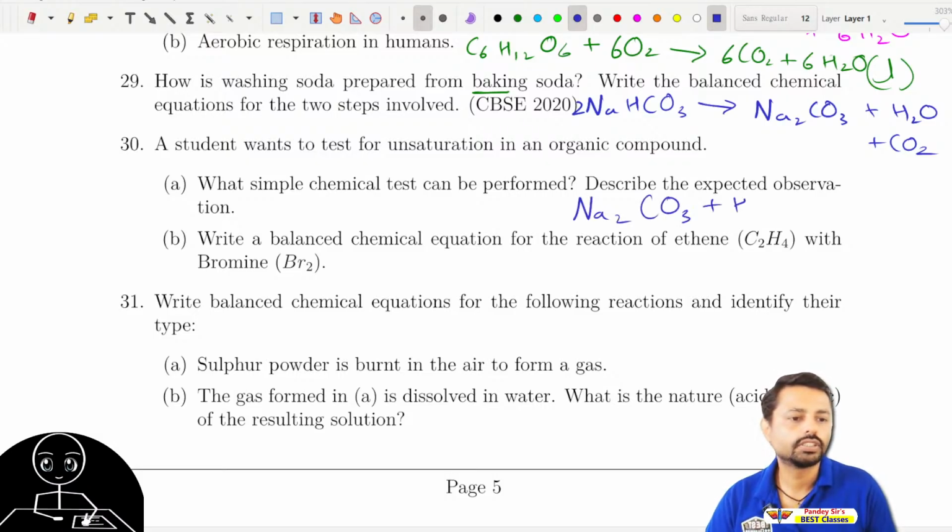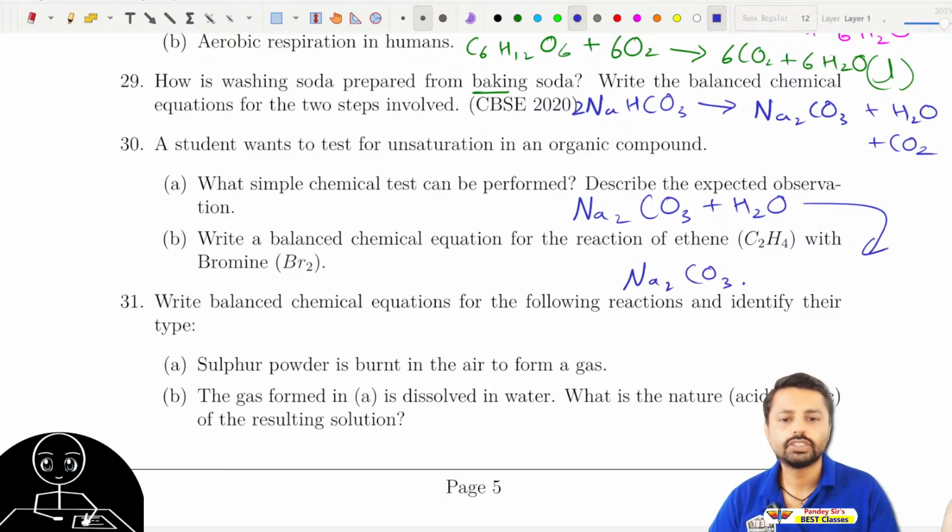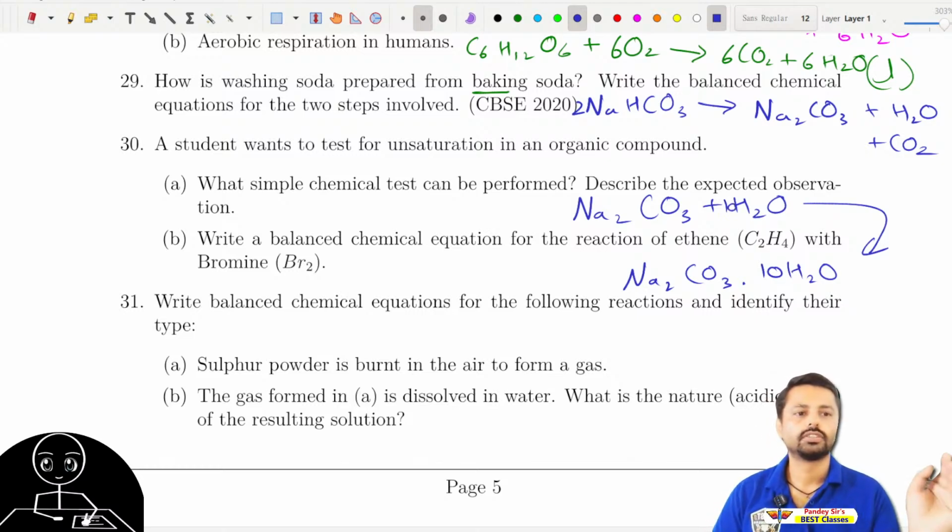Na2CO3 plus H2O will give you Na2CO3 dot some H2O, that is 10H2O. So here will be 10. Okay, this is the balanced one. So heat, here you have to write heat. Anything still missing?